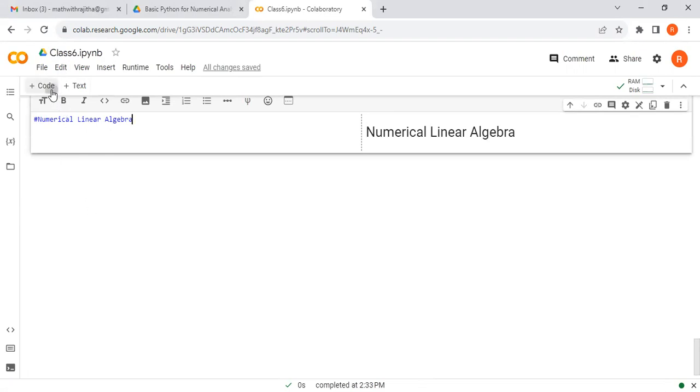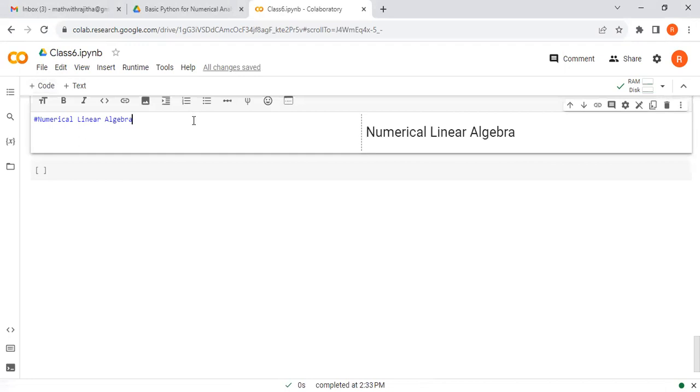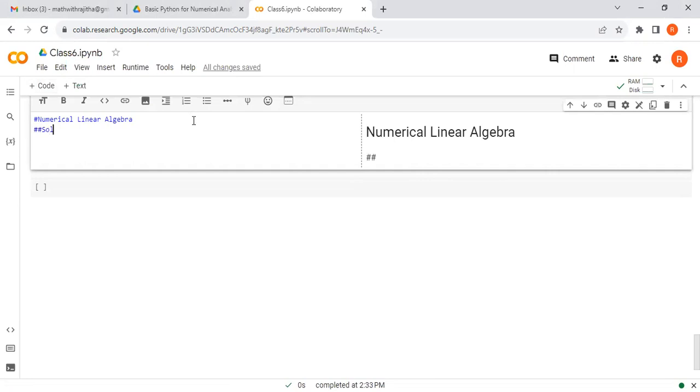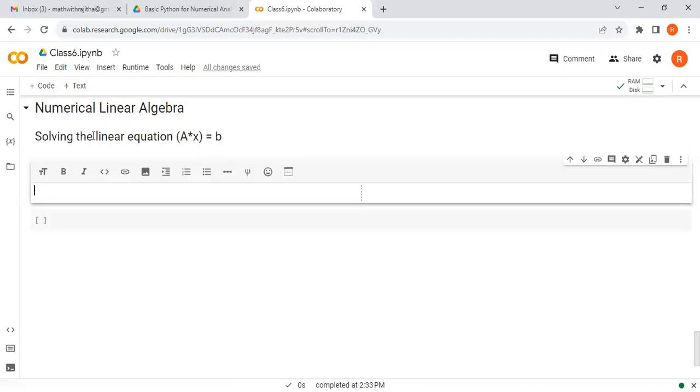Some topic is solving linear equations, A multiplied by x equals b. Can you remember this from your linear algebra knowledge?